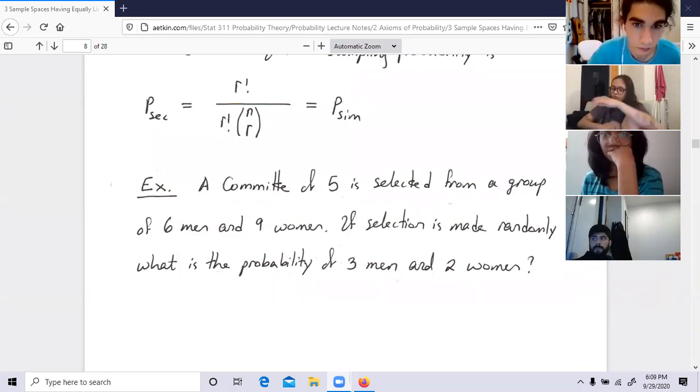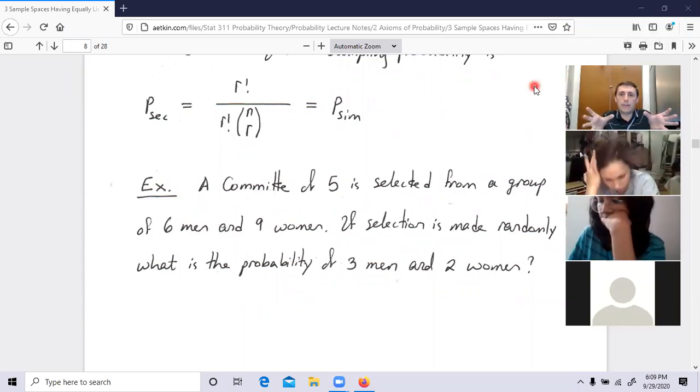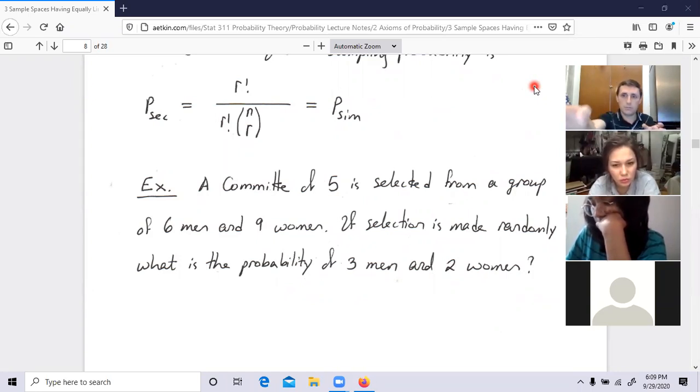That's consecutive or sequential sampling. And then imagine that you have this machine with 5 arms, and they reach out and grab the members of the population. That's a different sample space.